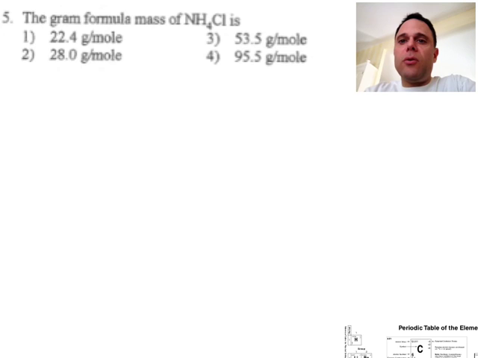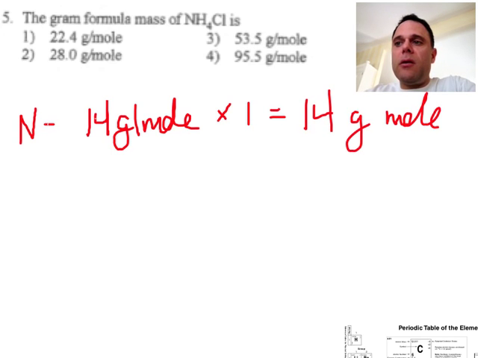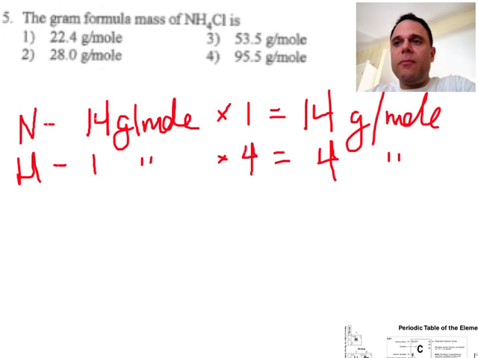Okay. So nitrogen, its mass is 14 grams per mole, and we have 1 of them, so 14 grams for every mole. Hydrogen is 1. I'm going to use a ditto sign so I don't have to keep on writing the units. And we have 4 of these hydrogens, giving us a grand total of 4 grams per mole.